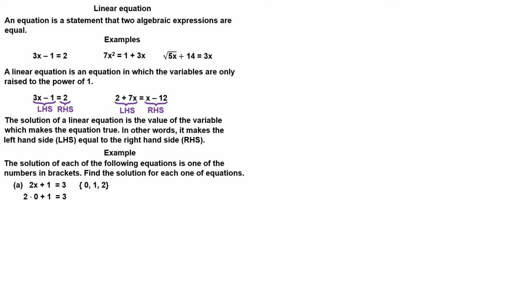As the value on the left-hand side is different from the right-hand side, we know that 0 is not the solution. When x is 1, the left-hand side is equal to 3 and the right-hand side is equal to 3. As the value on the left-hand side is the same as the right-hand side, we know that 1 is the solution.